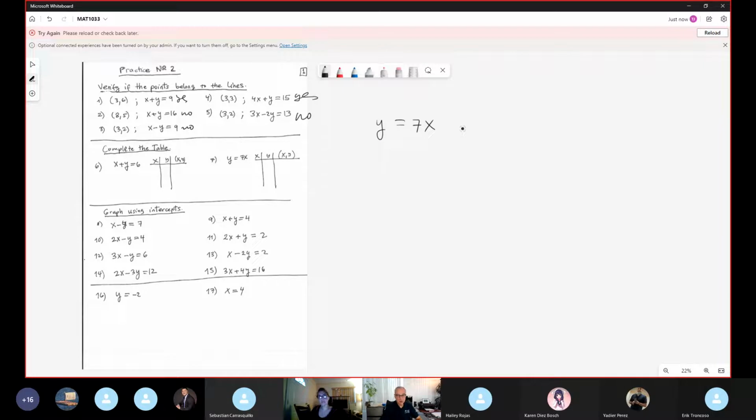And it's important to understand, for example, for one line like that, ax plus by equals c in standard form, if c is 0, it passes through the origin, (0,0). And the line y equals mx plus b, if b is 0, therefore it passes through the point (0,0) also.